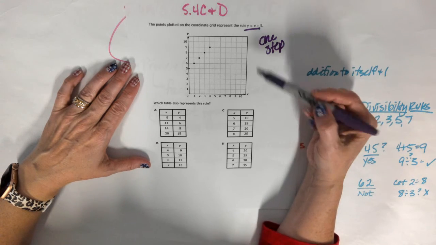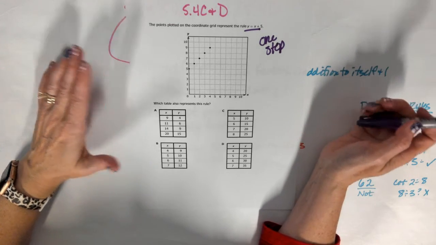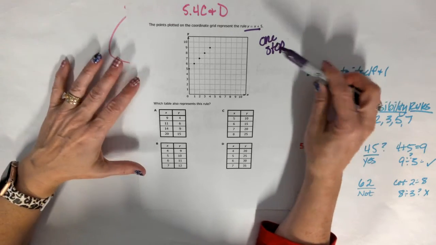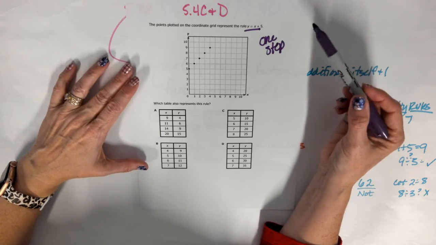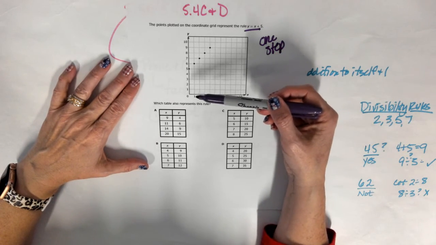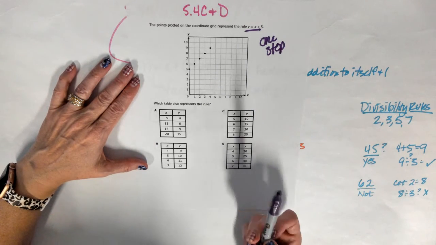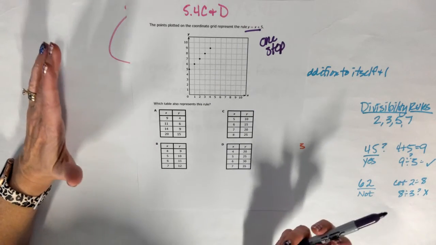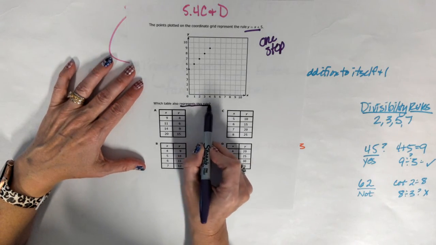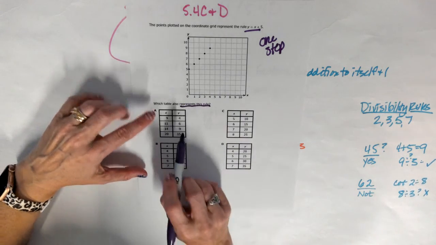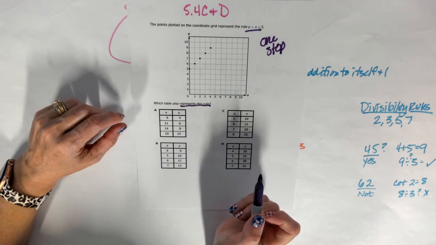So this one is a pretty straightforward question. Students are just asked which table matches the equation in the graph, which table represents the rule. What throws kids off is they think, oh, I have to find these points, 0, 5. Well, if I look down here, there's no 0, 5. So then they're going to say, well, there's no answer. But that's not what they were asked. They were asked what represents the rule. So they need to check every point to see if it represents the rule.